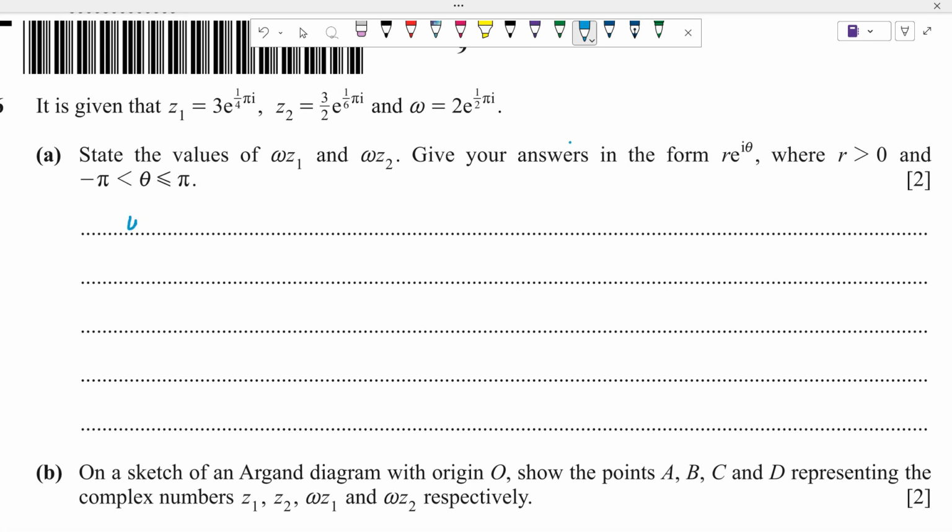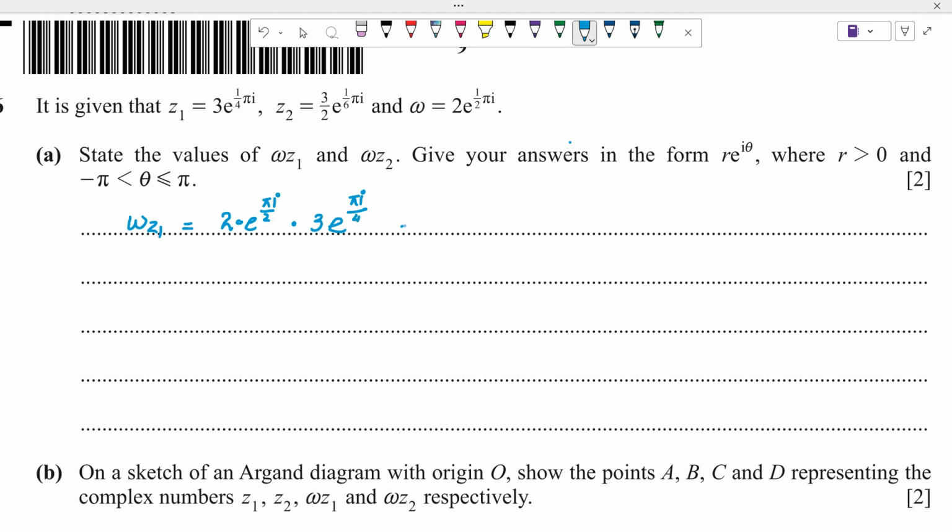Okay, we need to find omega z1, and we know that omega is equal to 2 exponential of half pi iota. So 2 times exponential of pi iota over 2 times z1, which is equal to 3 times exponential of quarter pi iota.